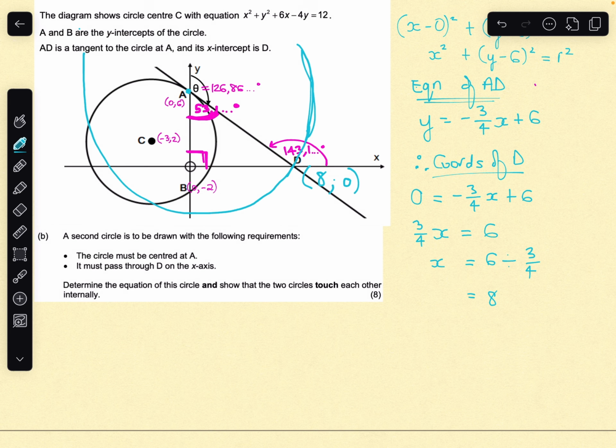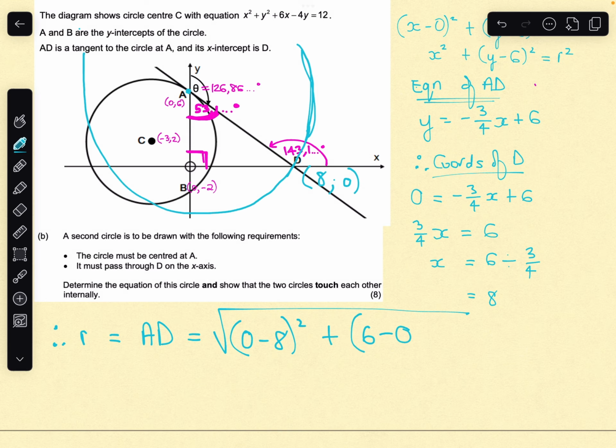Right, and so we can now find the length of the radius. Therefore r, which is the same as the length of AD, we can find using the distance formula, so that will be the difference of the x's squared plus the difference of the y's squared.